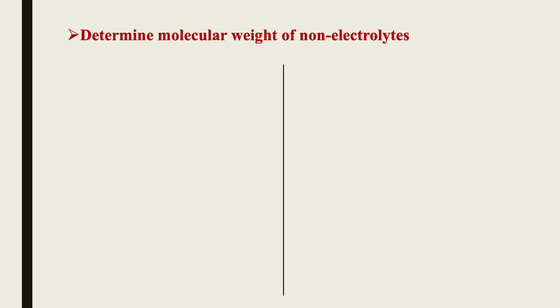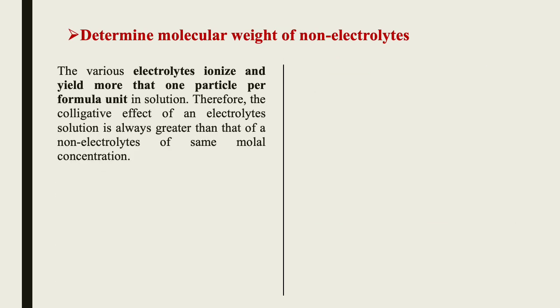Now you will see various types of electrolytes. Electrolytes get ionized and yield more than one particle per formula unit in the solution. Suppose you add sodium chloride; after addition in water it will dissolve into sodium plus and chloride minus.